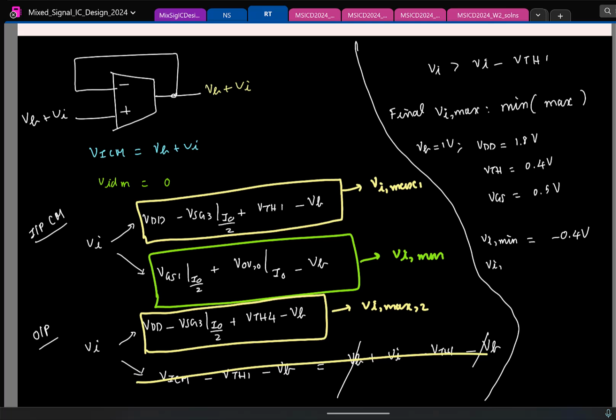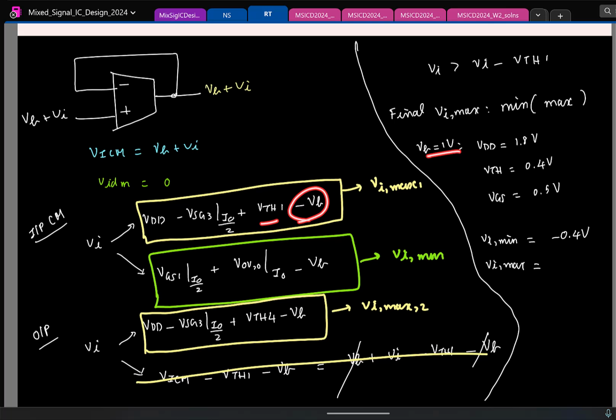And what is the maximum I can have? Let's look at it. VDD is 1.8. Gate to source voltage is what? 0.5. So 1.8 minus 0.5 is 1.3. So plus VTH. VTH is, how much is it? Yeah, 1.7. And 1.7 minus VB.